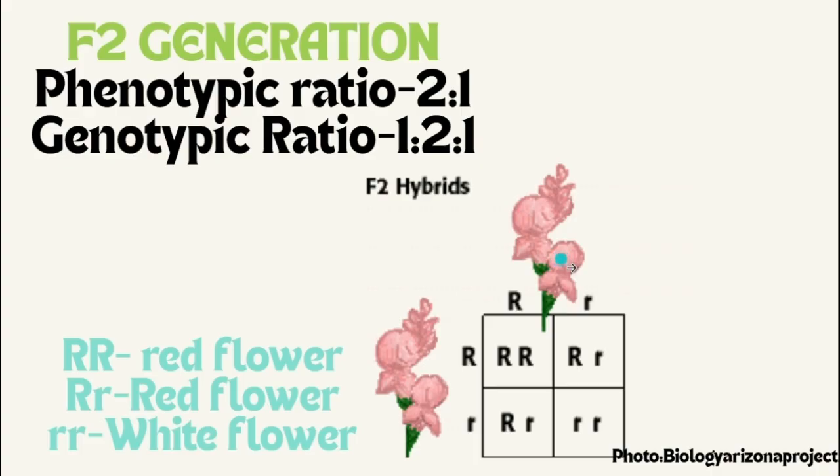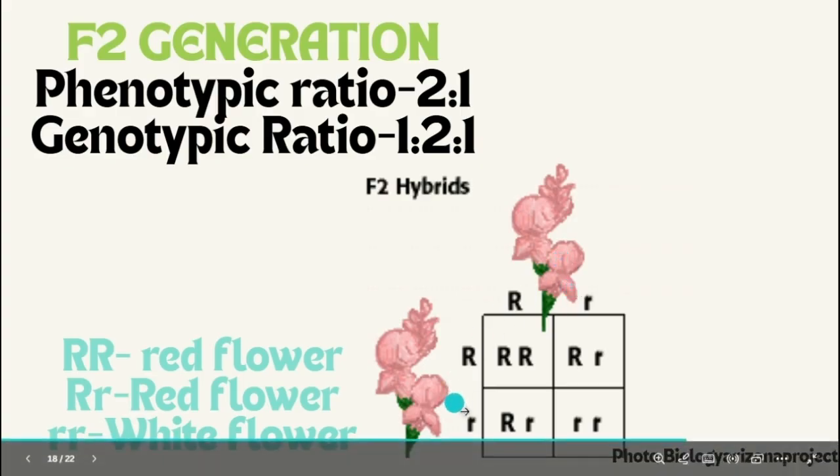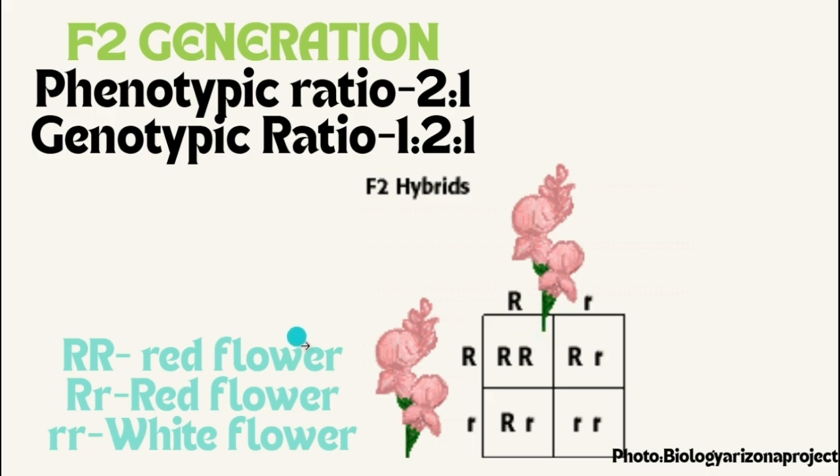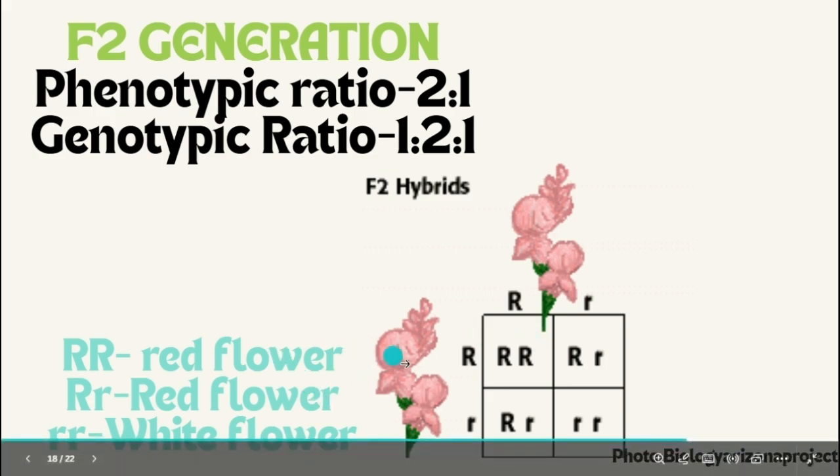Now when we go to the second generation, if a heterozygous crosses with another heterozygous, in this case we're using big R for red flowers, big R little r also for red flowers, and little r for white flowers.